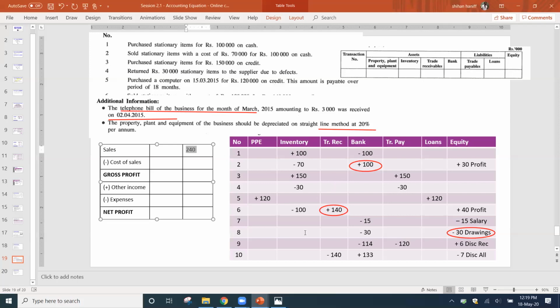Then cost of sales, cost related to these sales. How much? You can take one is 70, the one is 100. 170. There is another way of getting this.